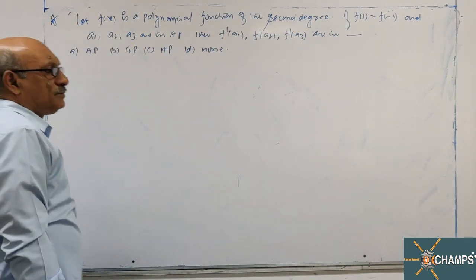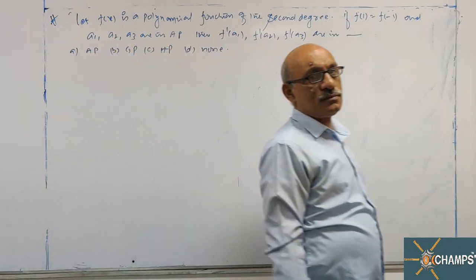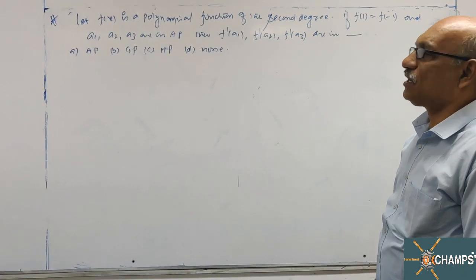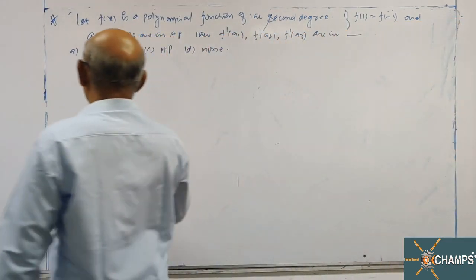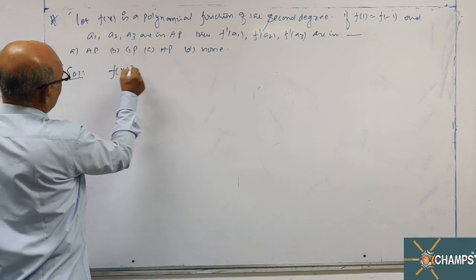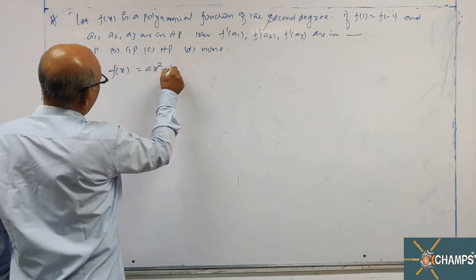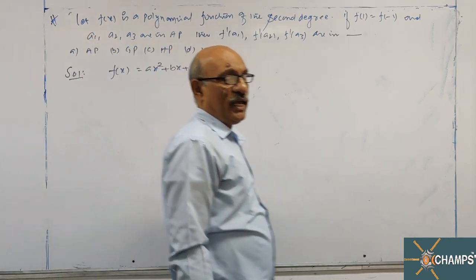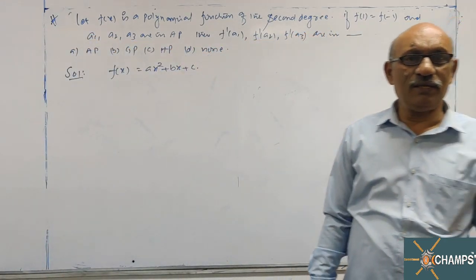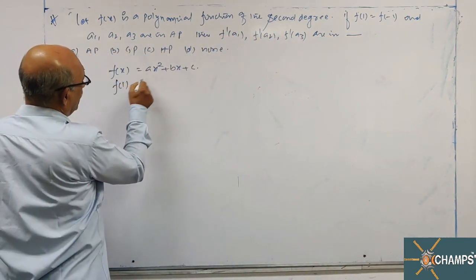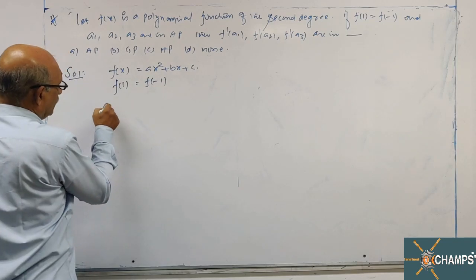This is my question. Now look at the question. f of x is a polynomial function of second degree. Let us take f of x is equal to ax square plus bx plus c. Also given f of 1 is equal to f of minus 1.